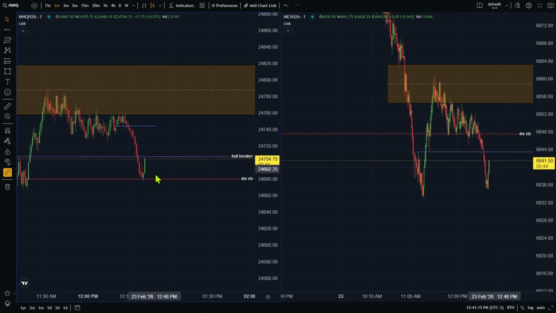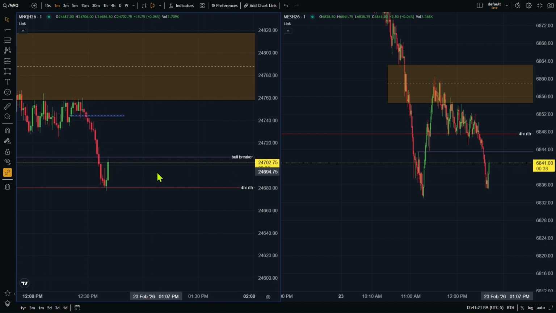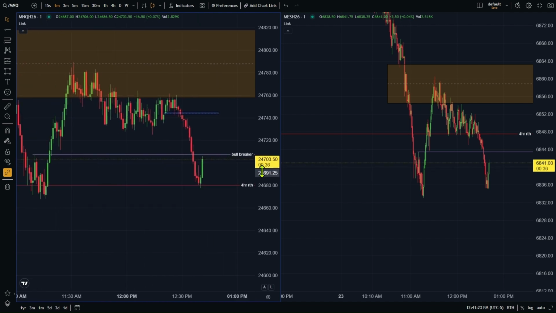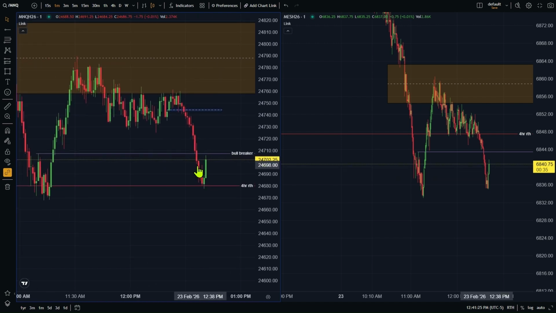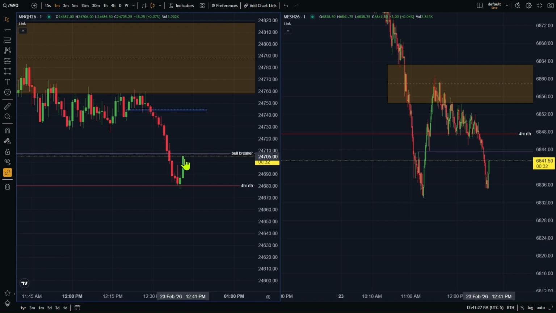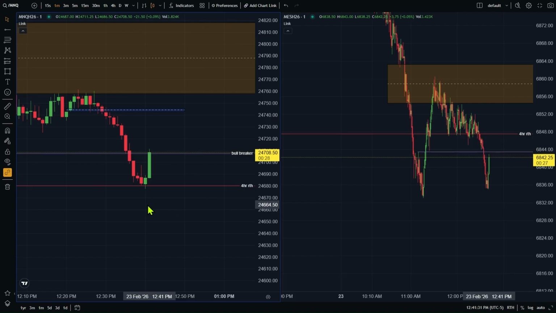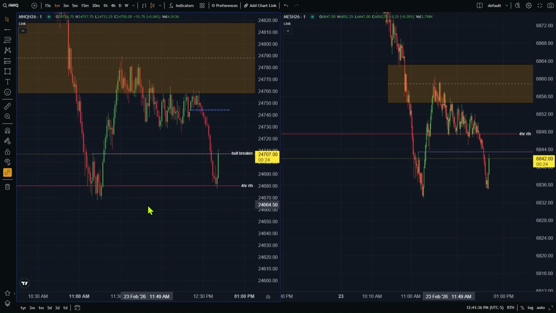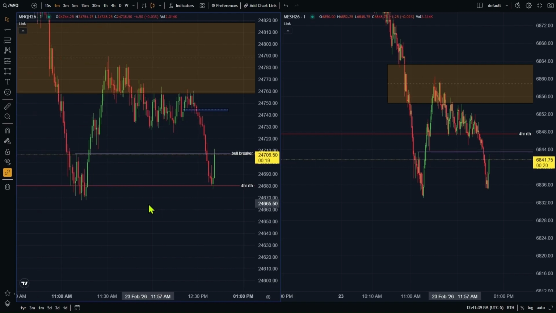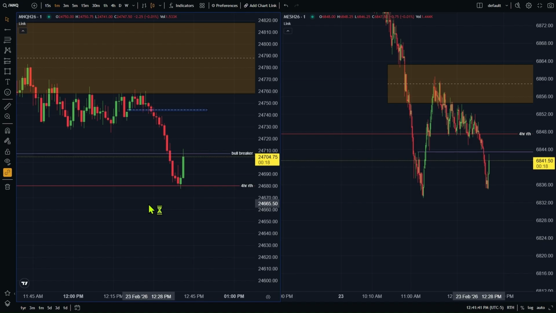So I like this. I like the fact that we did not take those lows. I like the fact that we're pulling away with a fair value gap. But this is also a round number. Revisiting a round number and then continuing downside is a possibility. So we wait, we watch.